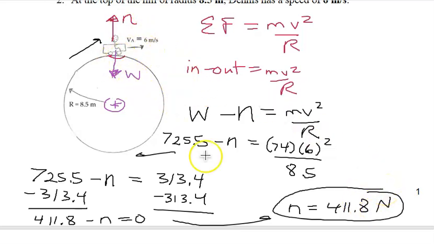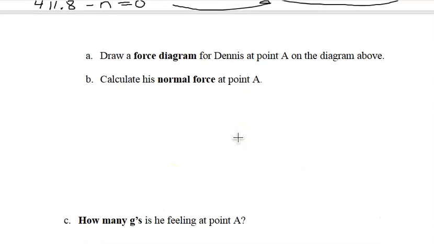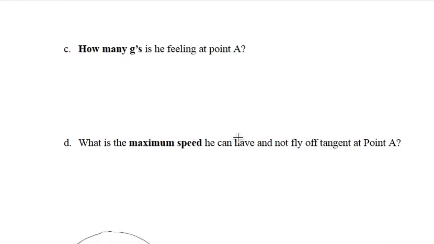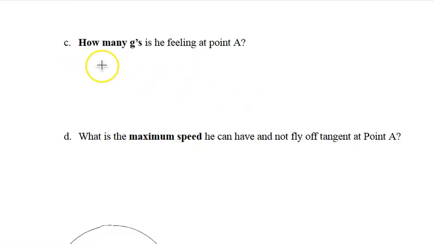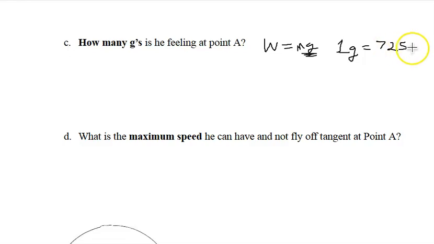Okay, and then remember that number, so that's B. And then C is how many G's is he feeling? So what I want you to understand conceptually is on Earth, you feel your weight. So 1 G for Dennis is 725.2 newtons.